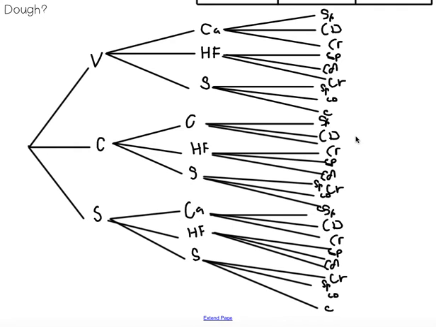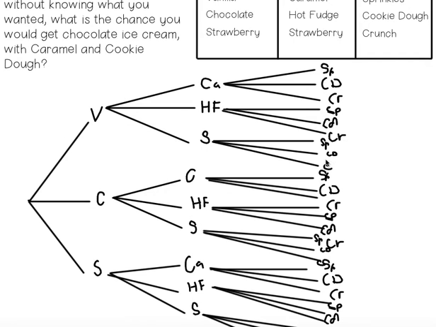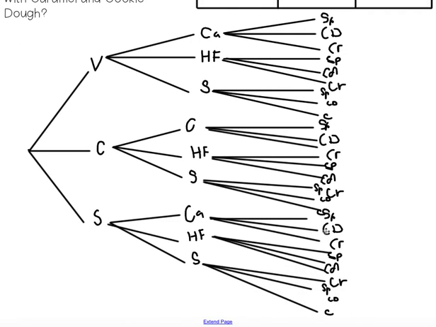Okay. So now we have to go through and count how many total options there are. So we have 3, 6, 9, 12, 15, 18, 21, 24, and 27. So our probability is going to be out of 27.